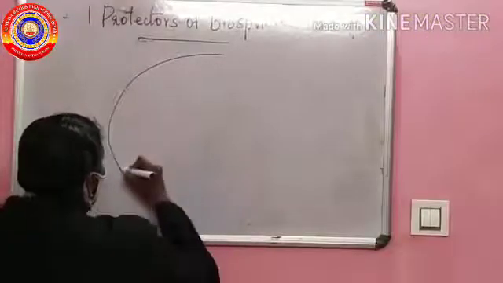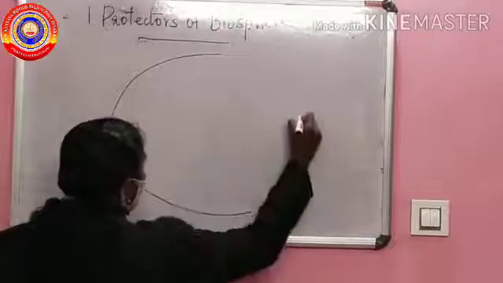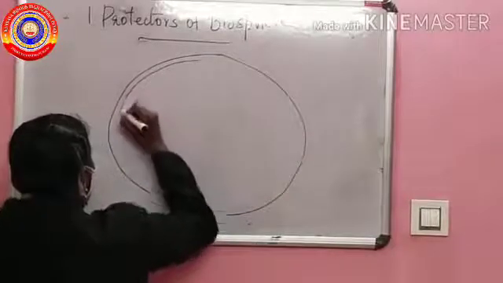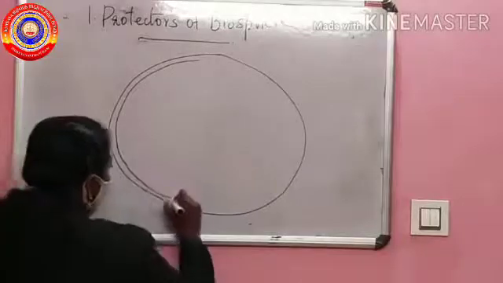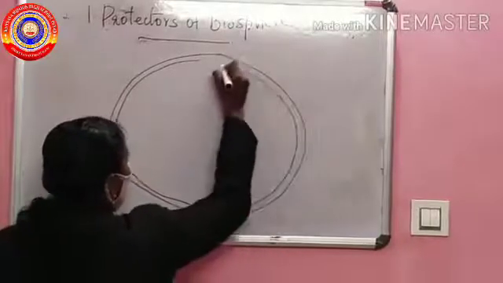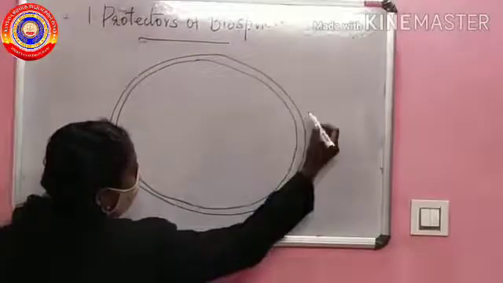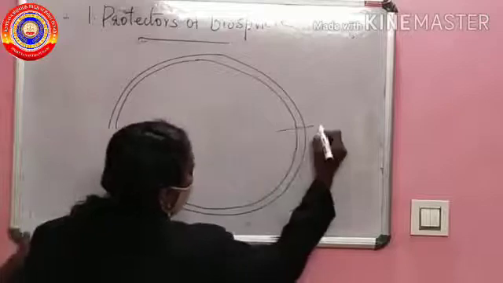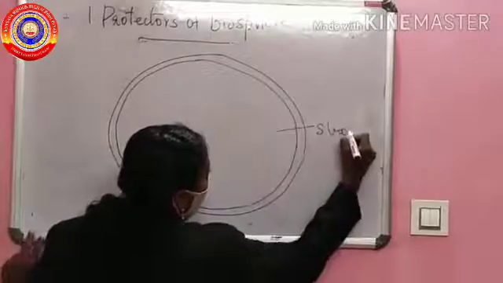Chloroplast has a double-layered membrane which contains two layers, outer layer and inner layer. So it is called the double-layered membrane. This is the outer layer, this is the inner layer, filled with a fluid called stroma.